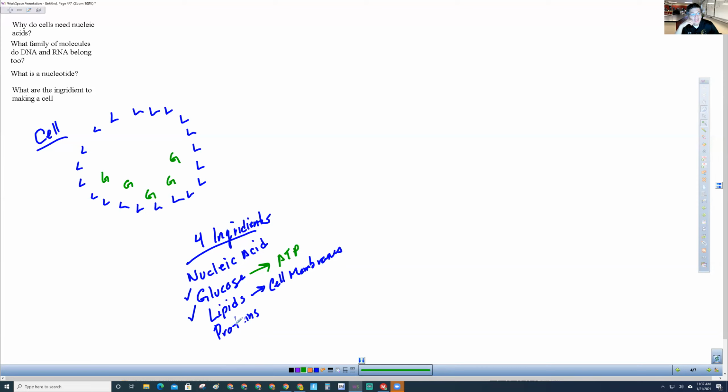Very good. Now, what do the proteins do, Efren? Do you remember? Won't they give it like energy? No. The glucose is what gives cells the ability to make energy. What do the proteins do?